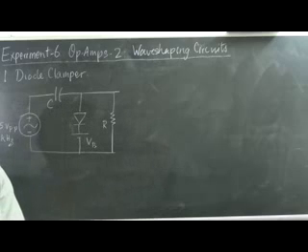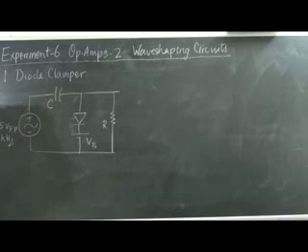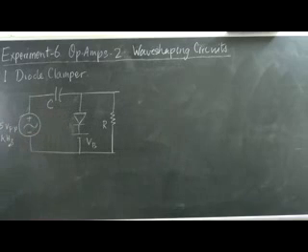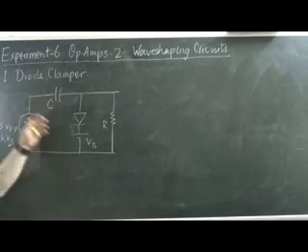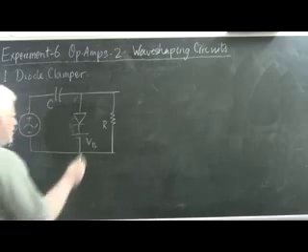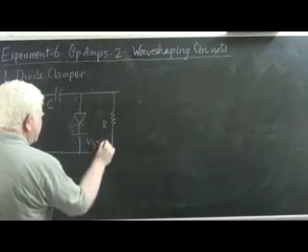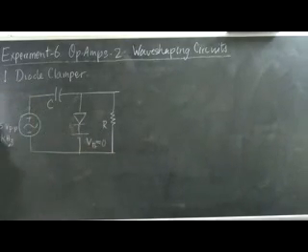Let's start by assuming that this capacitor is uncharged. So what happens when this voltage starts rising? Let's simplify the circuit first by not having a battery over here. That is to say, we will assume that VB equals 0. So there is a short here.